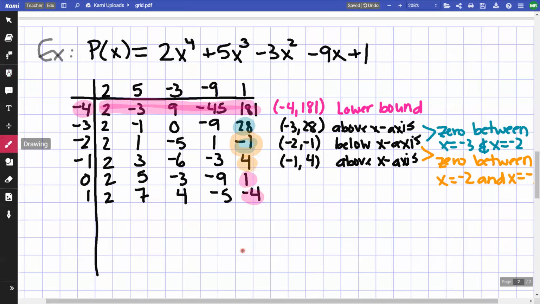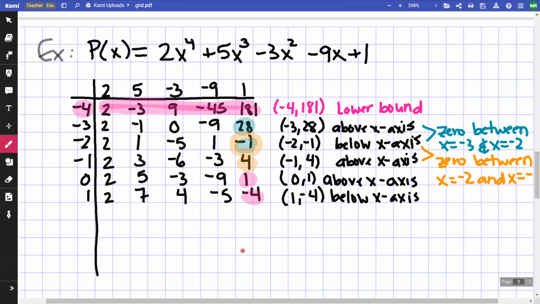So again, I'm here at 0, 1 and 1, -4. Again, this time I am above the X axis. And here I am below the X axis, which means that somewhere in between these two, I have a 0.